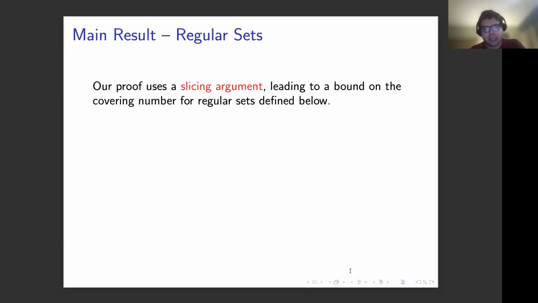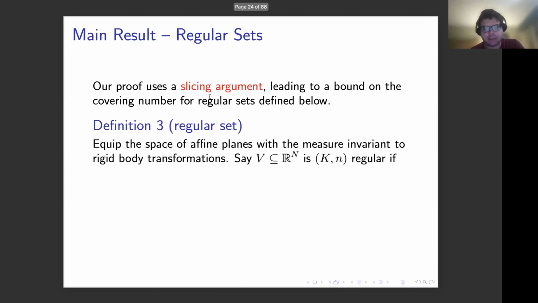So just by virtue of the proof, where we're slicing with linear subspaces, we can actually get covering number bounds for so-called regular sets. This is not a standard term.